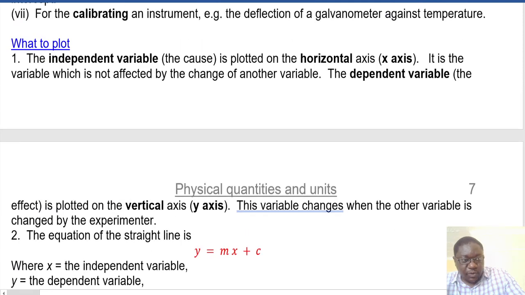Now we always plot, like I said, the independent variable versus the dependent variable. The independent variable goes on the x-axis, the dependent variable goes on the y-axis. So we always plot y versus x, the dependent versus the independent. So we alter the values of x to find values of y.